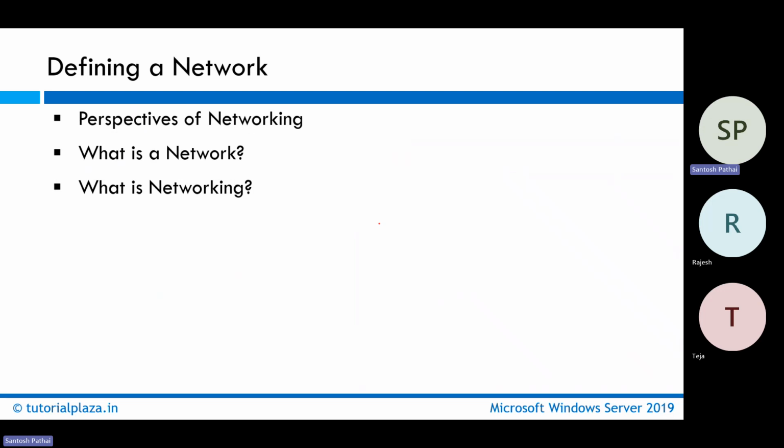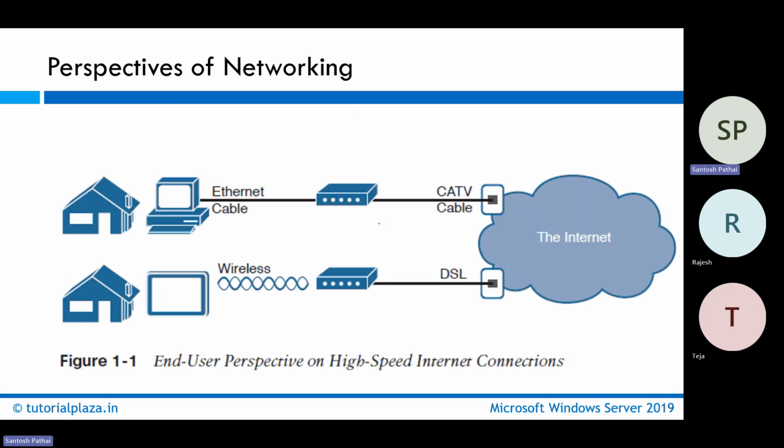Now when we talk about network, what is a network? From the perspective of an end user who is at home or in the office, the perspective of networking is that a user is sitting at home with connectivity to the internet.